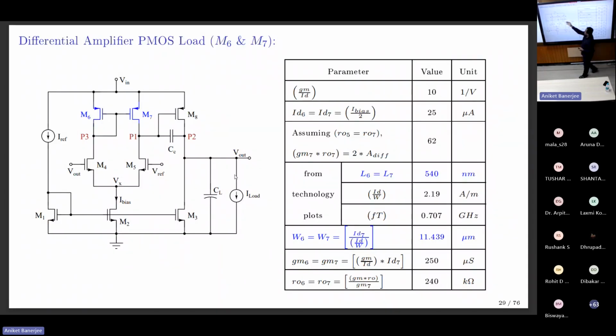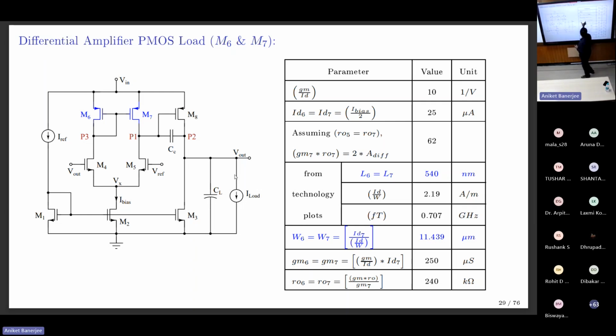For this PMOS dimension, I assume it should be similar to this M8 characteristics. So in this case, I'm not going to calculate a new GM by ID. I'm going to use the same GM by ID as the MOSFET. ID is given, the bias current by 2, which is 25 microampere. So GM by ID is given, ID is given.